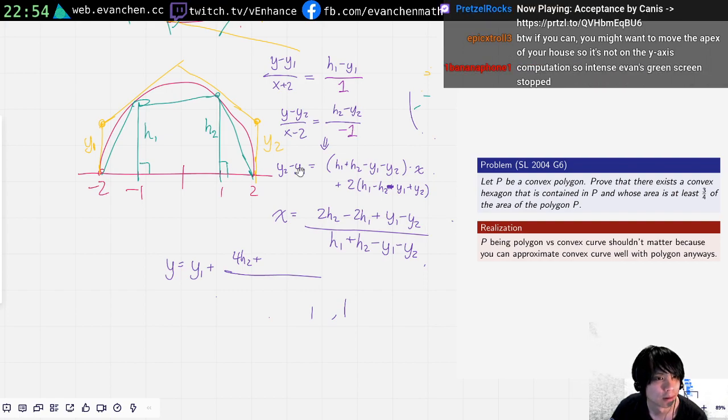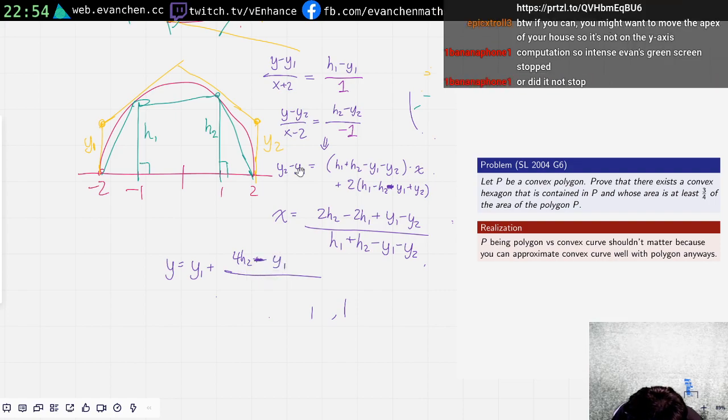Oh. Okay. 4h2 plus... Wait, something's wrong. The dimensions aren't lining up right. I shouldn't be getting y1 squared. That shouldn't happen, right?